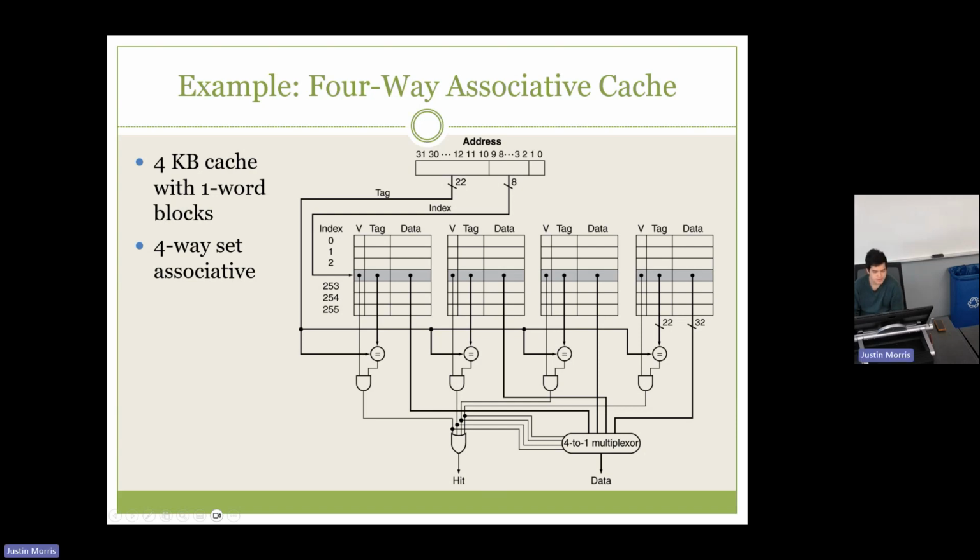And when we need to figure out where our data is, we take the index bits, we go to the index of all 4 of these banks, right? We check valid, valid, valid, valid, right? And then we check the tag with the tag of our current address. Tag, tag of address, tag, tag of address, tag, tag of address, right?